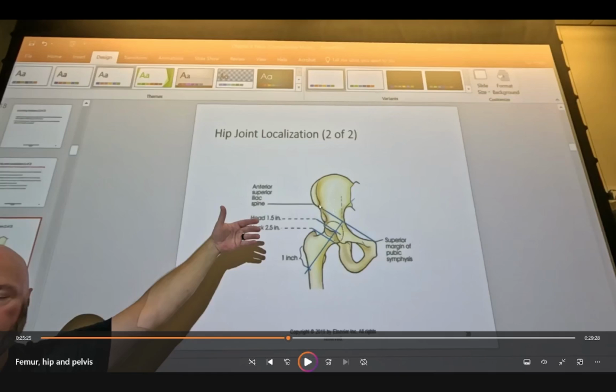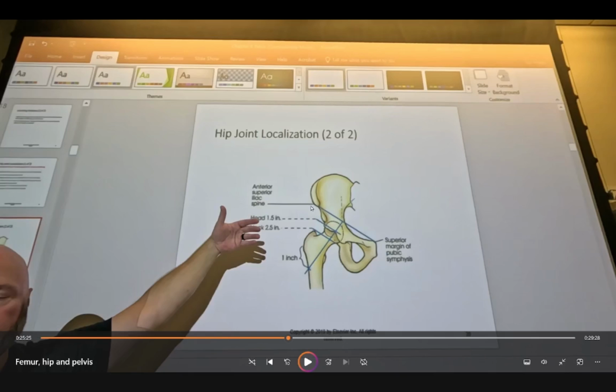So what you've got, in hip localization, is if you could draw an imaginary line from the ASIS to the superior border of the symphysis pubis, and bisect that line, meaning go right to the center of that line and then come off of it at a 90-degree angle, then the femoral head would be 1.5 inches down this line, and the neck would be 2.5 inches down that line. So they use this as reference as to where to put the central ray whenever we're doing hips, or if we need specialty views of the femoral head.